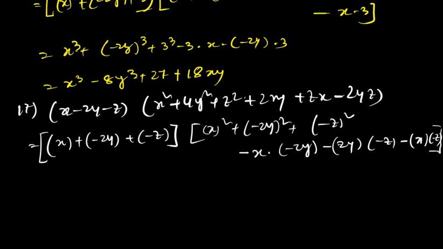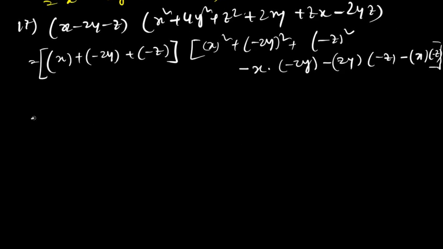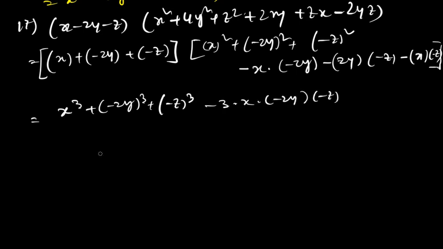Okay, so that can be written as x cube plus minus 2y whole cube plus minus z whole cube minus 3 into x into minus 2y into minus z.